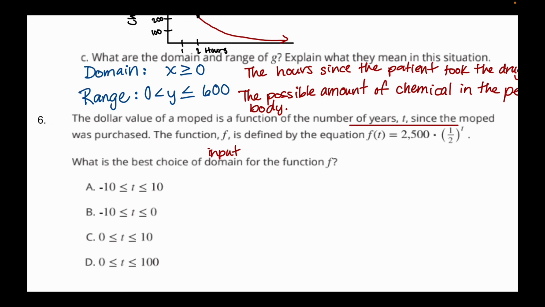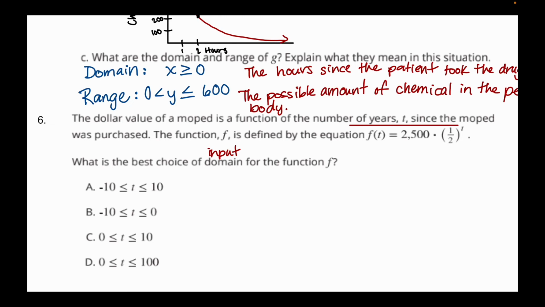If it's years since the moped is purchased, it doesn't really make sense to use negatives, because if it's brand new, then it's not going to have increased in value if the moped doesn't exist yet.